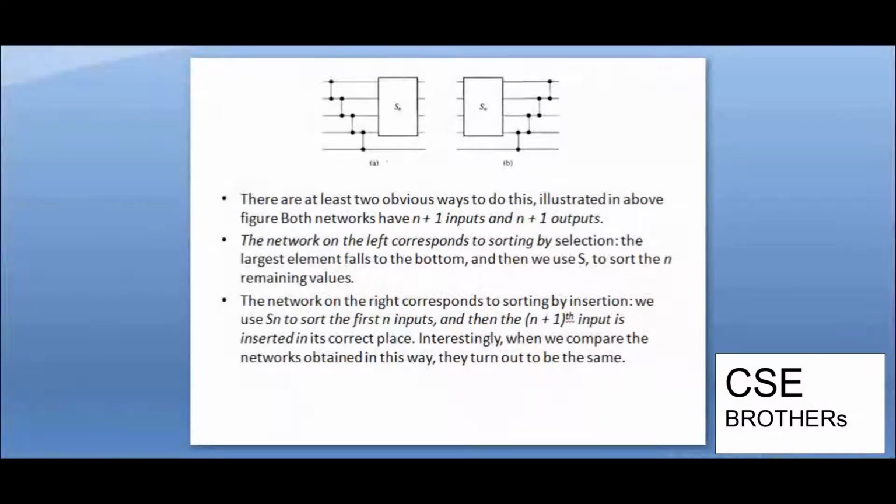First we choose the largest element and put it at the bottom, and again we apply the same process to the remaining n elements, and then again we put the largest at the bottom. This way we can sort the whole array in ascending order. Or if you have to sort the array in descending order, then we put the smallest element at the bottom.